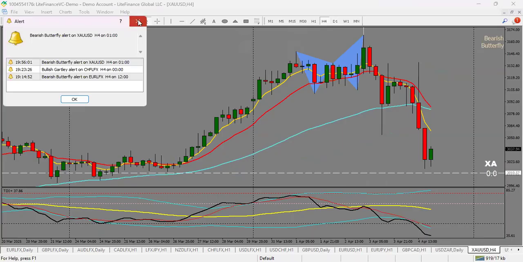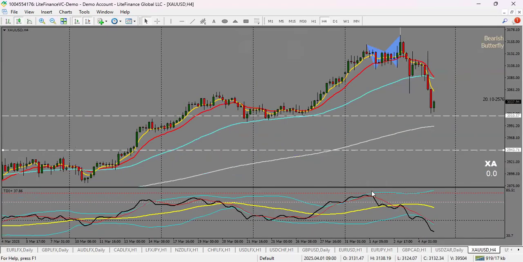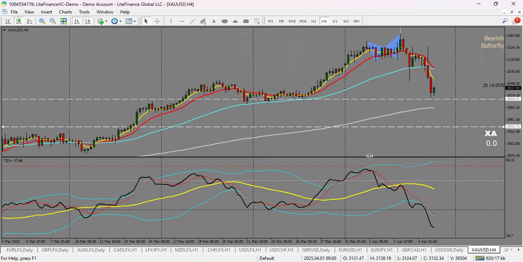So this is the hour 4. You can see price has been falling from this point. So level 1, level 2, level 3. That's what the TDI is telling us. And it started to move around level high, just below the level extreme high.